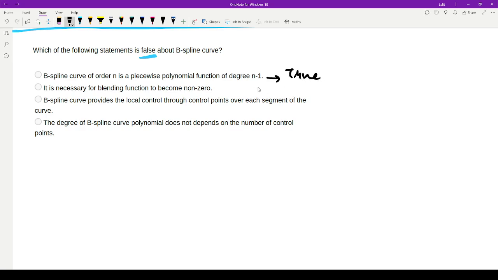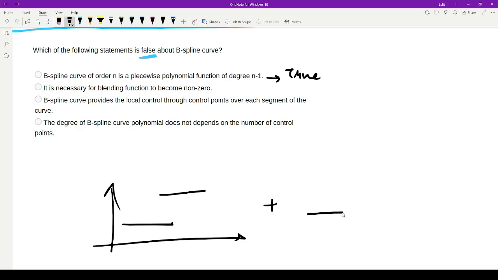So if you just take, for instance, constant functions, two different constant functions, and then add them up, what you get is a function like this.